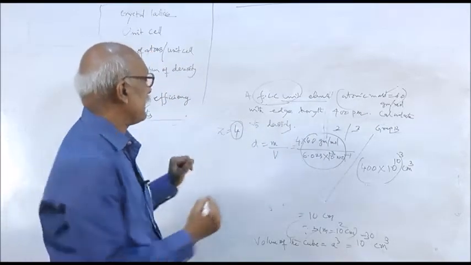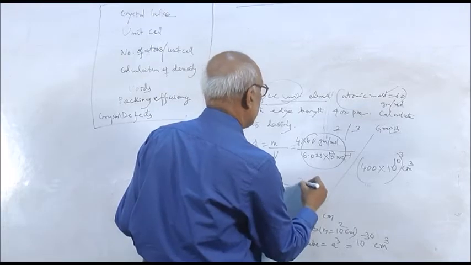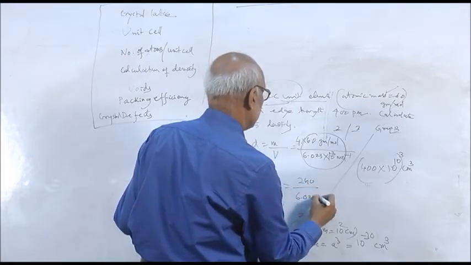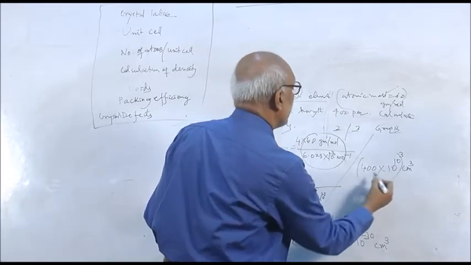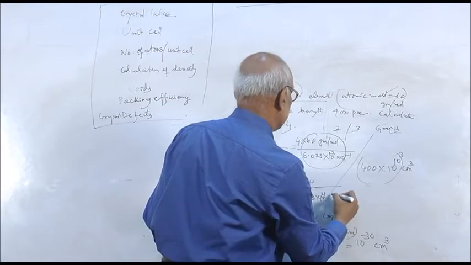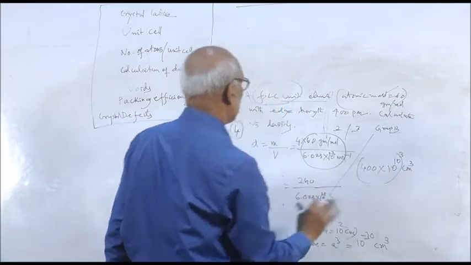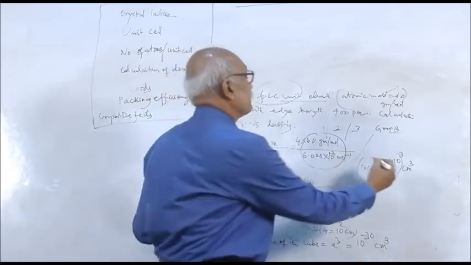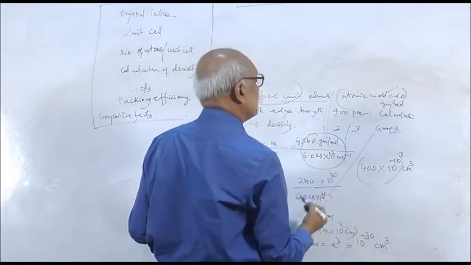If you analyze this, your answer will be 240 divided by 6.023 into 10 to the power 23, and the 10 to the power minus 10 cubed goes to this side and becomes 10 to the power 30.